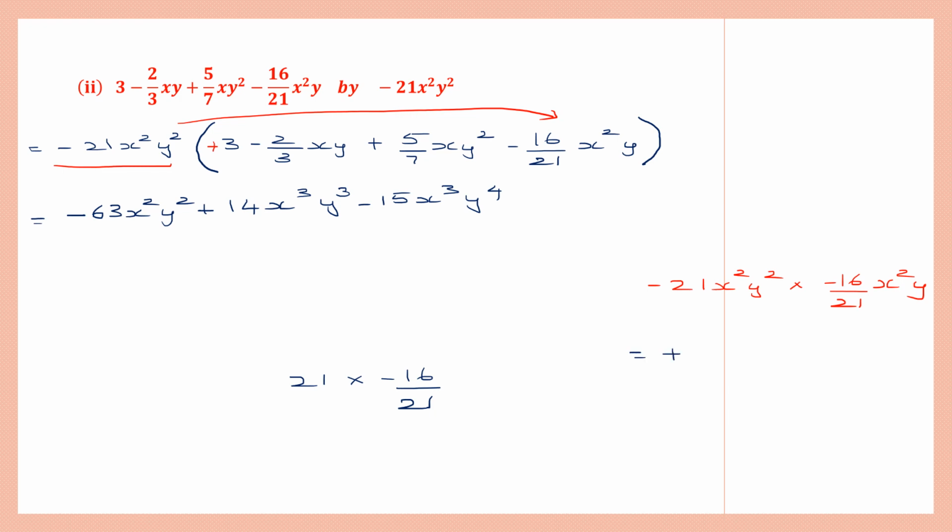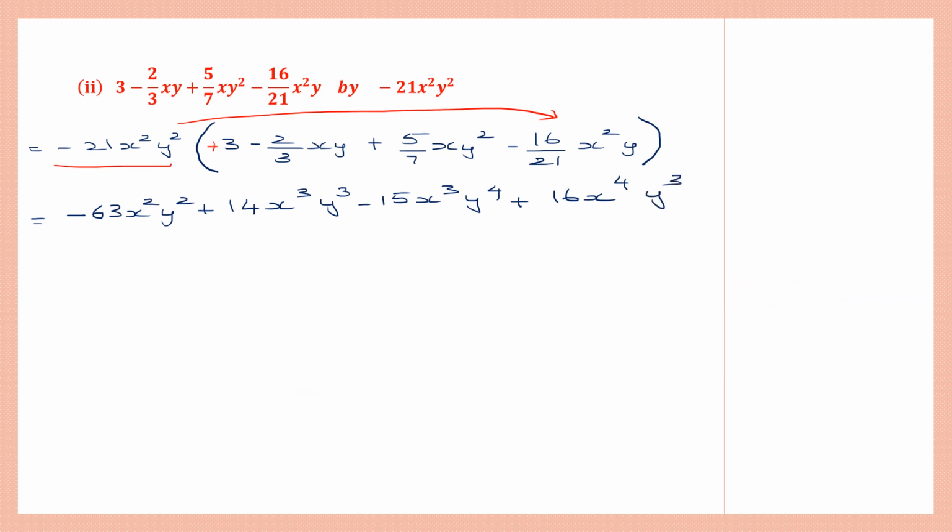So now we're going to multiply only the numbers. So here you can cancel 21 and 21. So what is remaining is 16. So let's write that plus 16. Now x square and x square is x to the power of 4. Y square and y is y to the power of 3. So what do we have? Plus 16 x to the power of 4 y cubed.